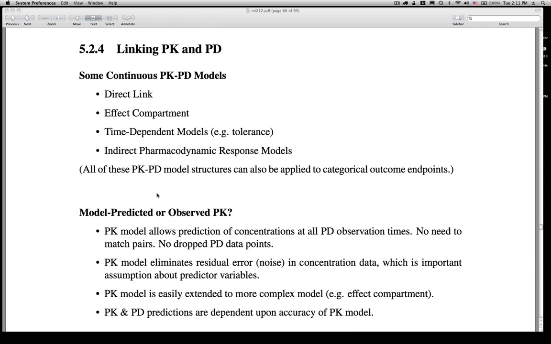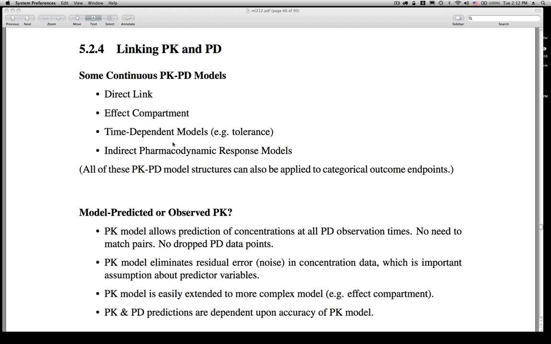Well, a few other things to think about here. We're going to go a little bit further now and use the PK model that we might have developed and link PK-PD relationships. And all of these that are bulleted in this list we'll address today. Direct links, effect compartments, time-dependent models, indirect pharmacodynamic response models. All of these involve some sort of link of a PK model with a pharmacodynamic model.